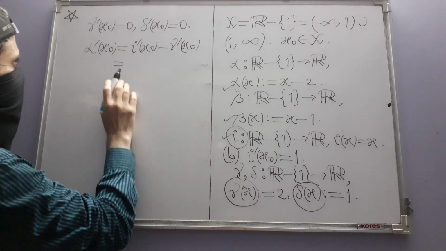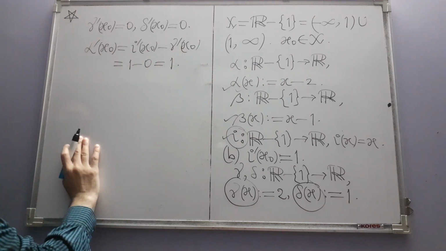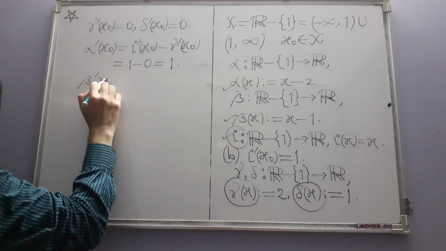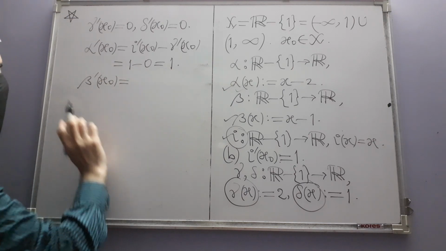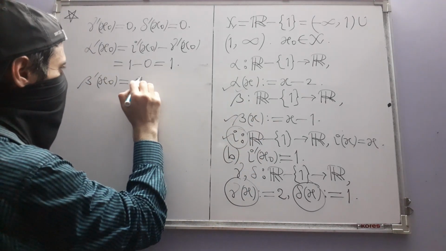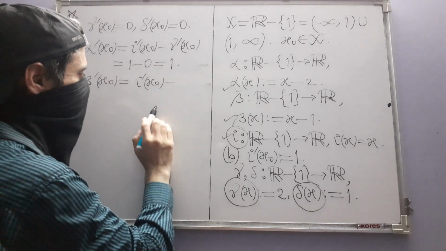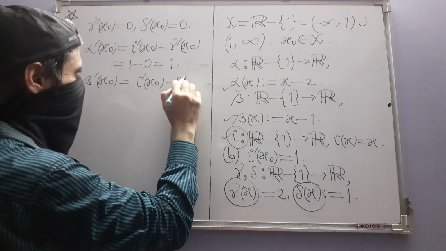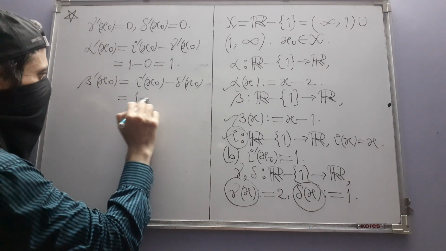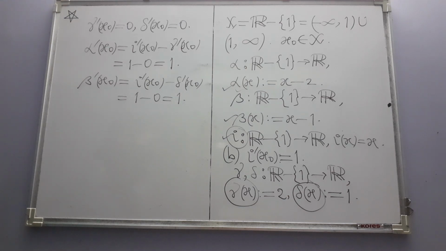So this will be 1 minus 0 equal to 1, right? And what about beta prime at x naught? Beta prime at x naught is equal to I prime of x naught minus delta prime at x naught. So this is again 1 minus 0 equal to 1.